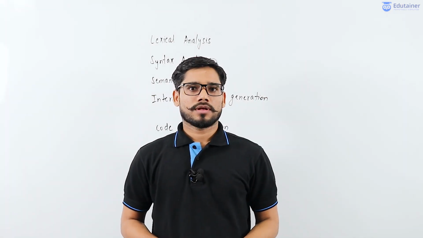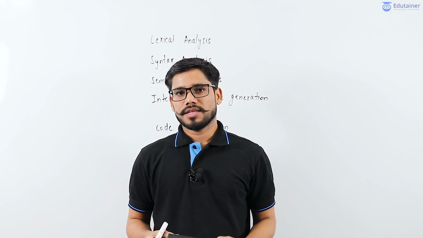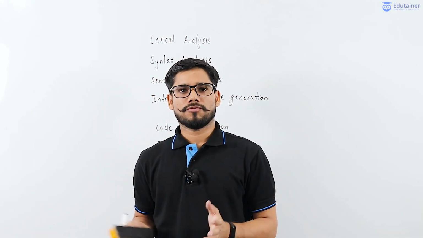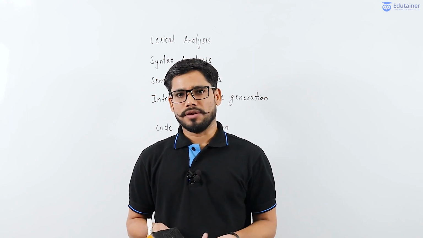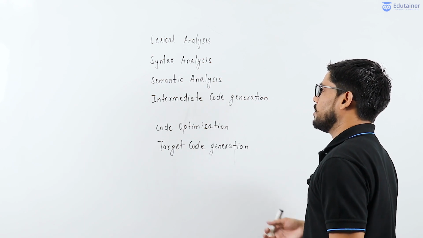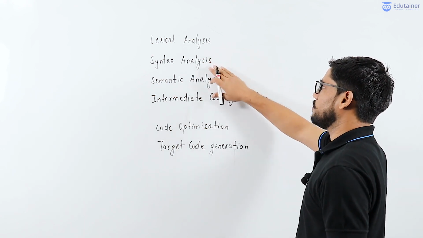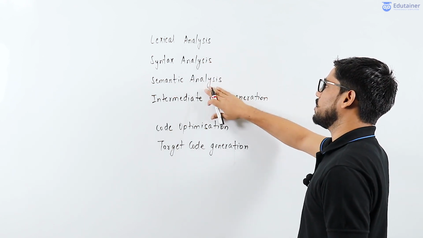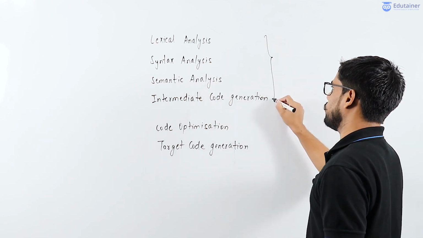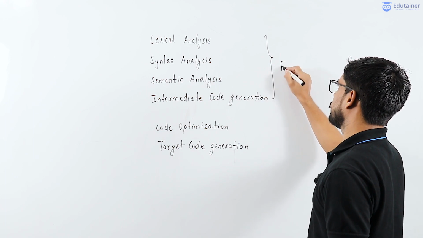Hello everyone. So after seeing the examples, you understand the briefing of the various phases of compiler. The phases lexical analysis, syntax analysis, semantic analysis and intermediate code generation are implemented together and called the front end.